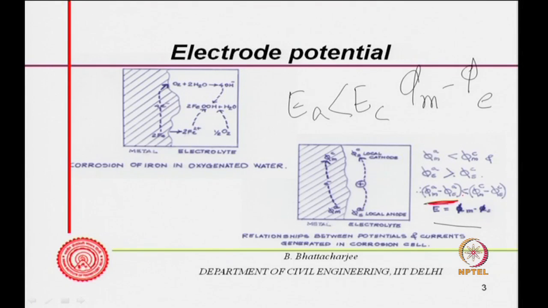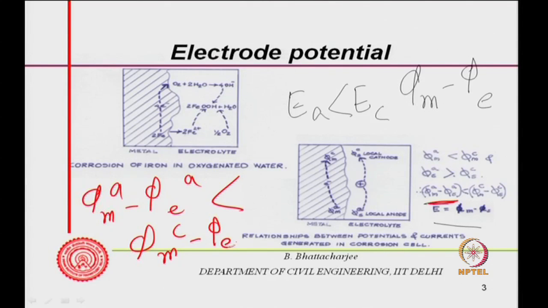Phi m a minus phi E a is less than phi m c minus phi E c.